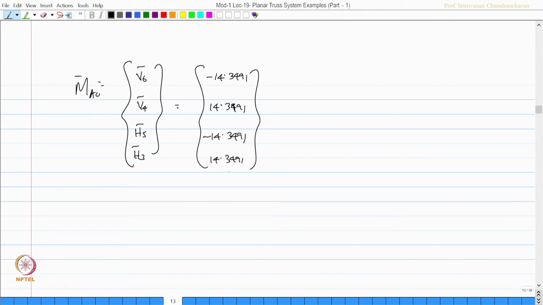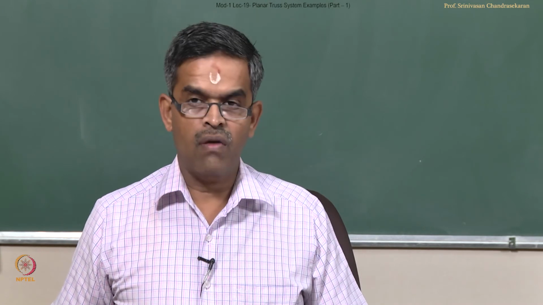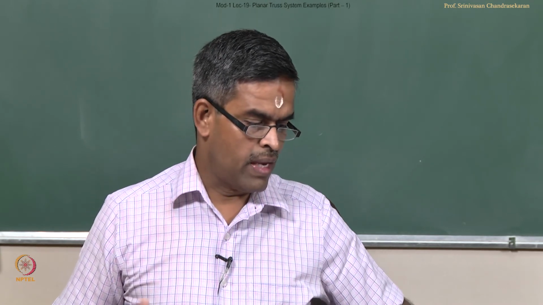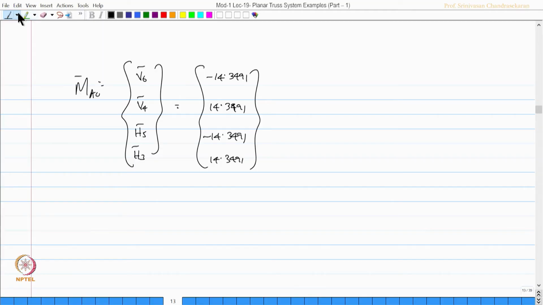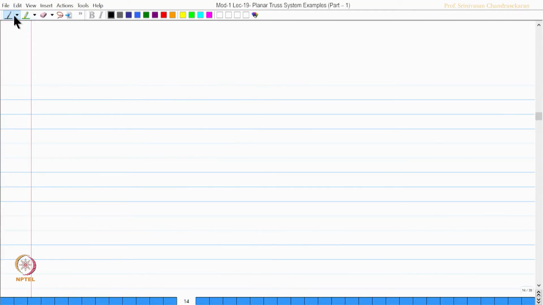Assembling all these M bar values of all the members, we can always find the end reaction as I show you here now. So, this is my given truss system.